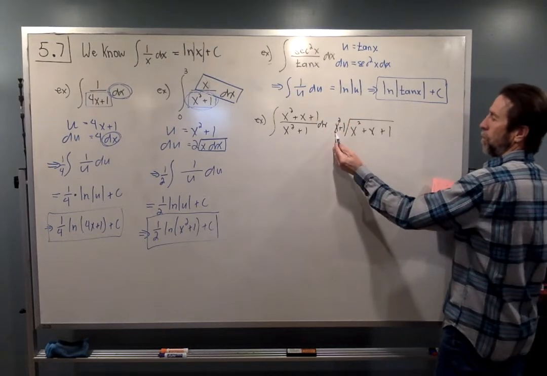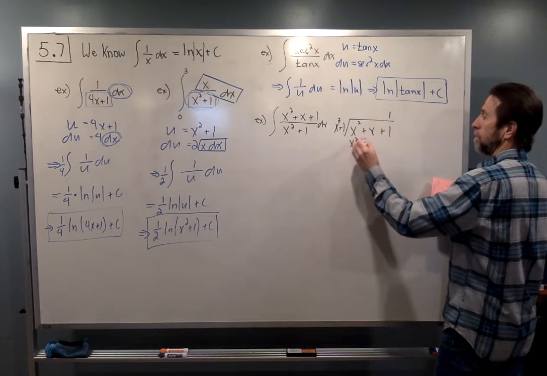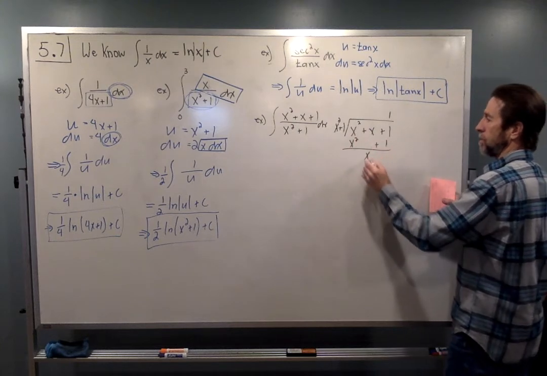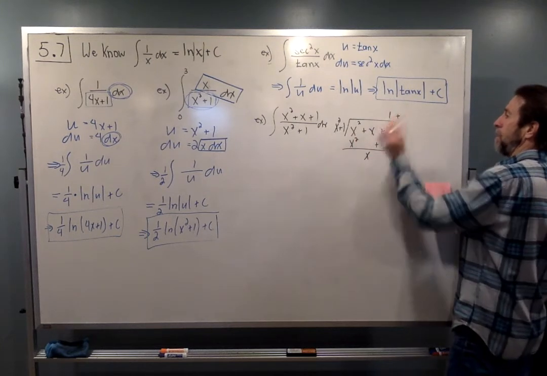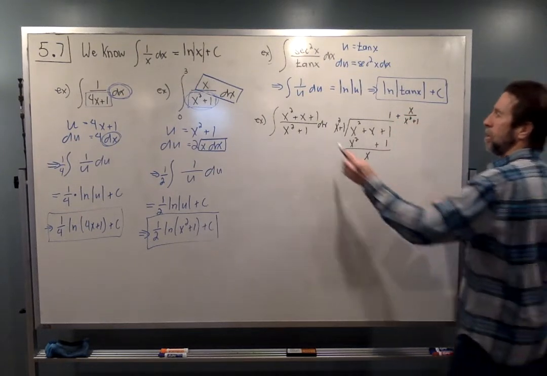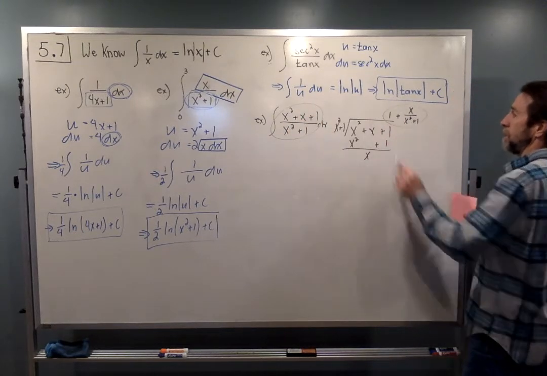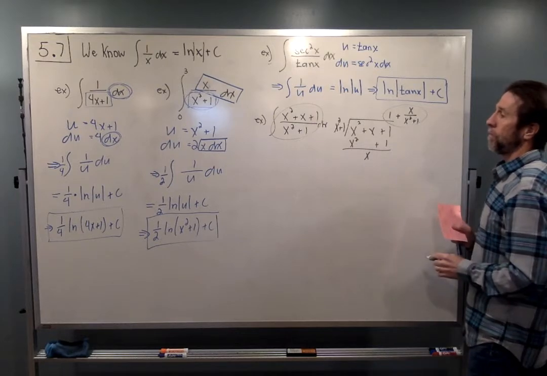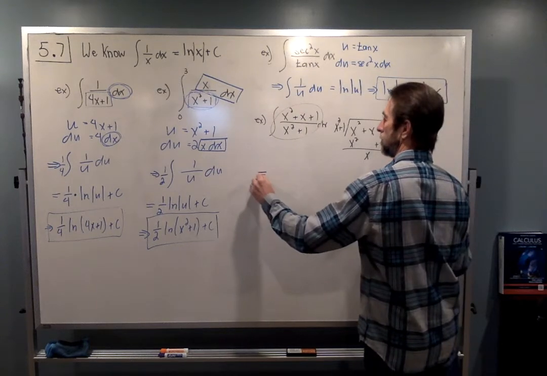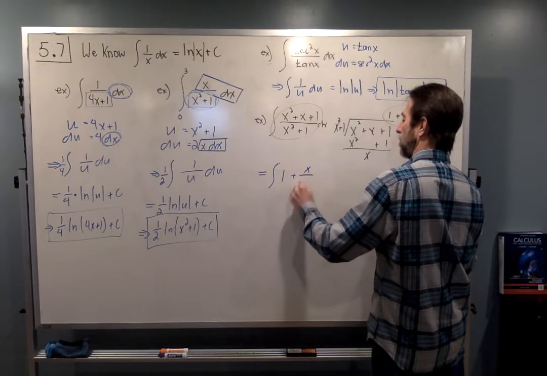Okay. What do we multiply x squared by to get x squared? 1. So we do it. We then subtract. x minus 0 is x. So that's basically going to be our remainder. So all of this, x squared plus x plus 1 over x squared plus 1, is the same as this. Identical. So all I have to do now is integrate 1 plus x over x squared plus 1.